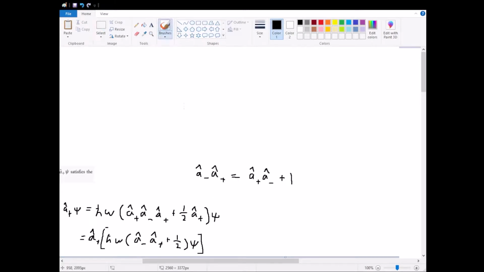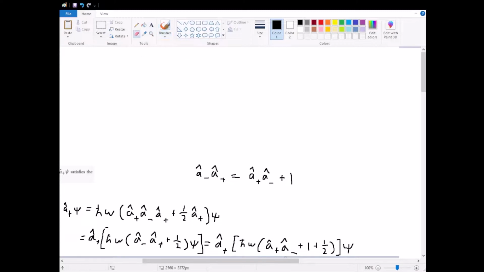And if we write this out, then this is going to give us that this is equal to a hat plus times h bar omega times (a hat plus a hat minus, and then we have 1 plus 1/2), and this whole thing gets multiplied by psi.